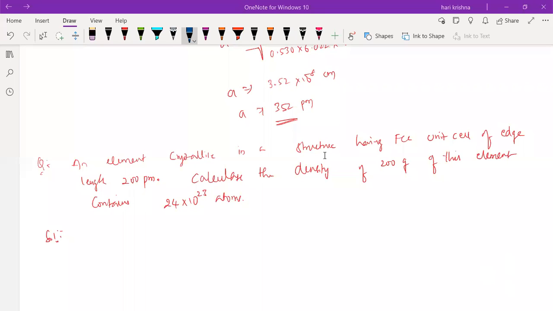If you finish this, we'll start the new topic, that's the packing efficiency. Himavarshini got the answer. Yes. What is the answer? 242 I got. 42 you got.